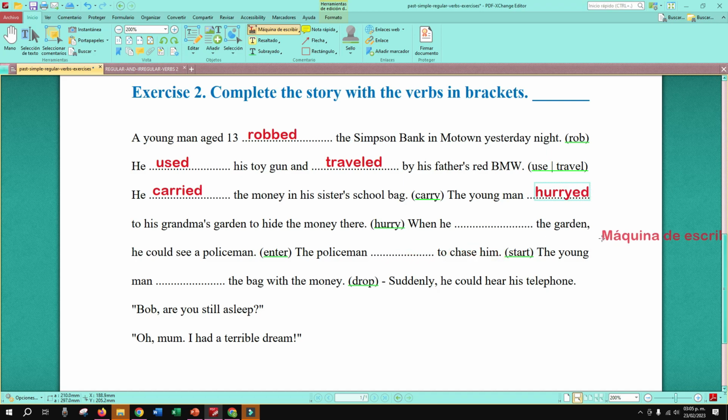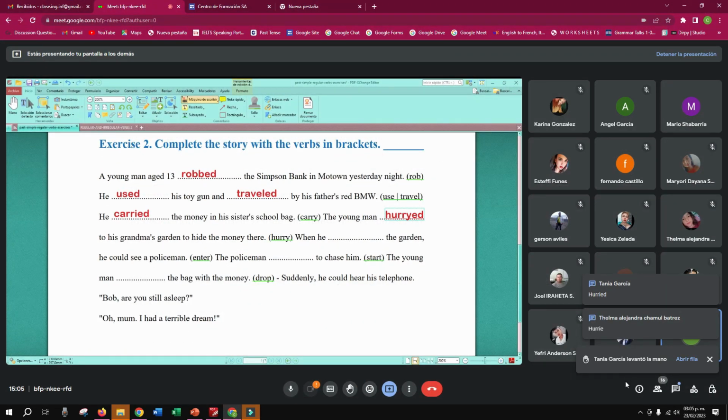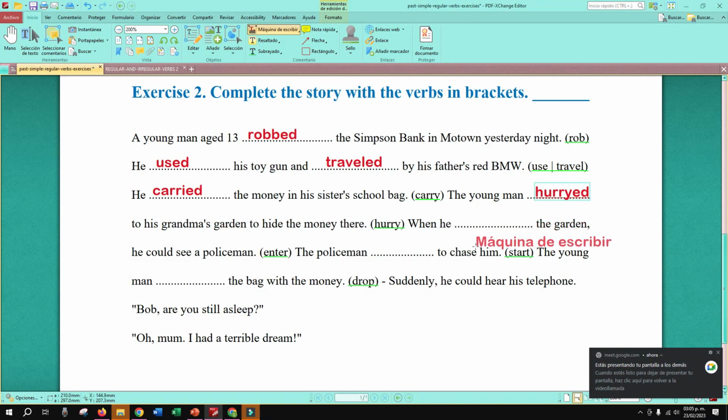Hurry? Is it okay? Yes, Miss Tanya, that one, right? That is not okay. So, hurried, right? To his grandma's garden to hide the money there.